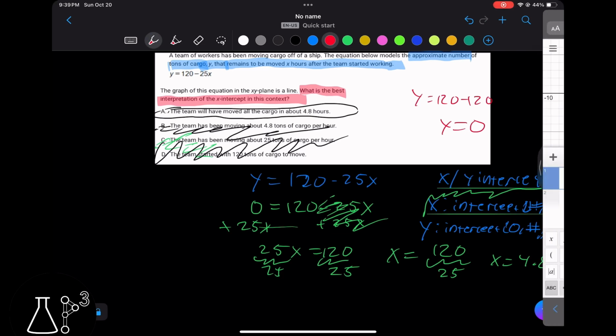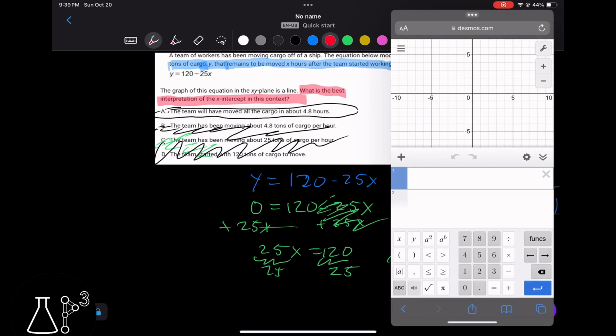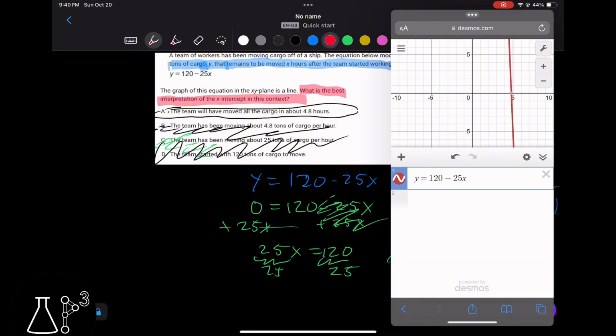So if I open up Desmos and write the equation y equals 120 minus 25x, and look for the best interpretation of my x-intercept, I get 4.8. Therefore, my answer is A, or it could be A or B if we look at the x value, but the best interpretation of it is A.